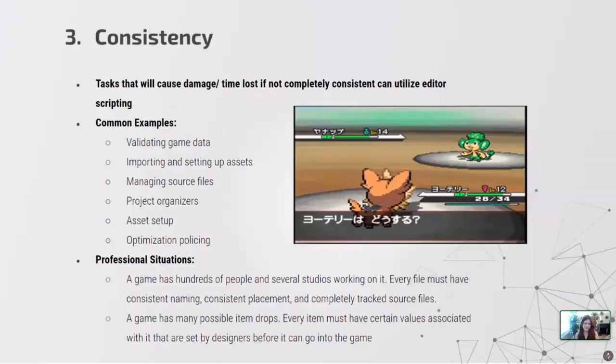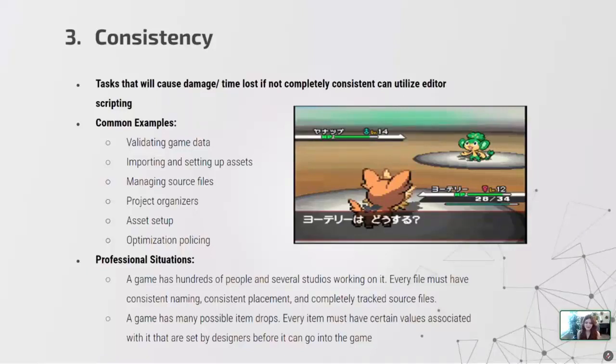There's a lot of outsourced companies or a lot of companies working together, and you're sending files back and forth, organizing projects, and also optimization policing for some types of games. I put two example situations here. Like I mentioned, say a game has hundreds of people and several studios working on it, and every file must have consistent naming, placement, and completely tracked source files. If people start doing that manually, you start running into some issues where every file is probably not going to meet those conditions.